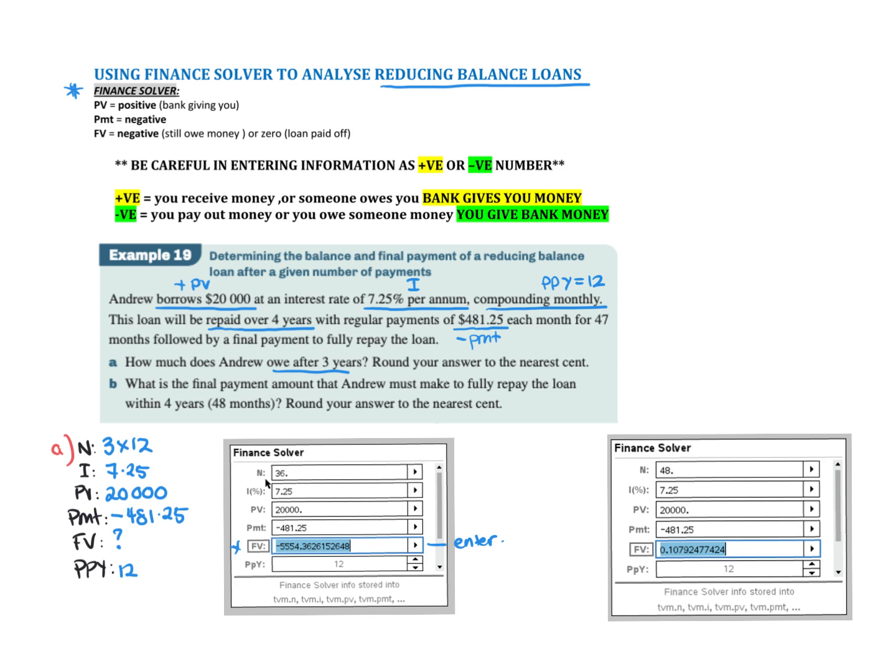We're finding the value after 3 years. Why is it negative? He still owes the bank, doesn't he? So the question was, how much does he owe? You don't say owes a negative amount. So we would have to write a little statement here, and we'd have to say he owes the bank at this stage, and this is where we'll change it to $5,554.36, since I said to the nearest cent.